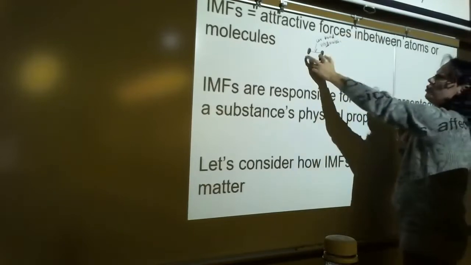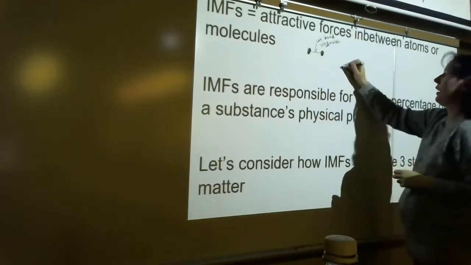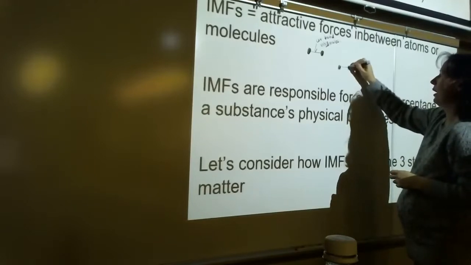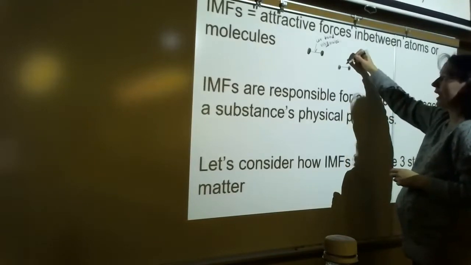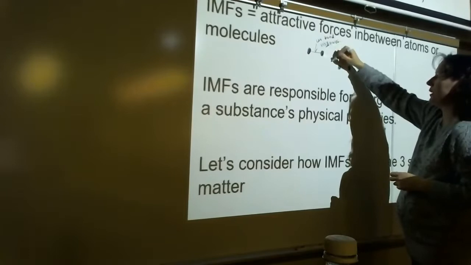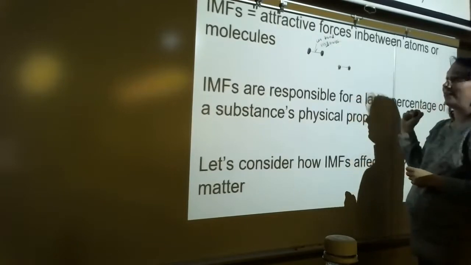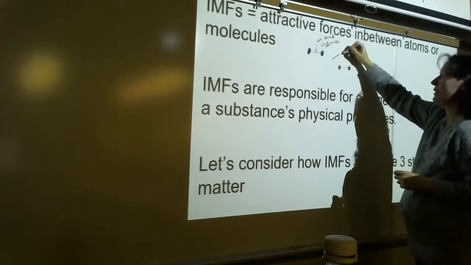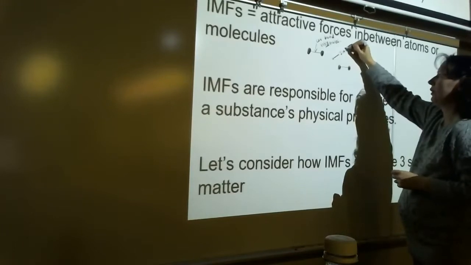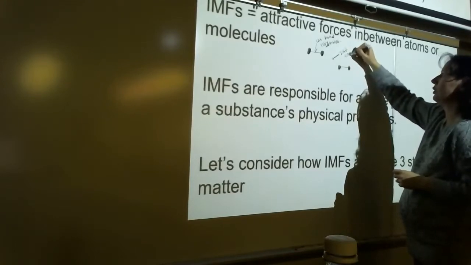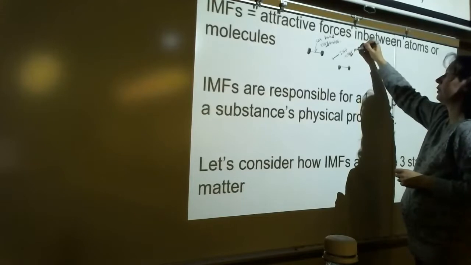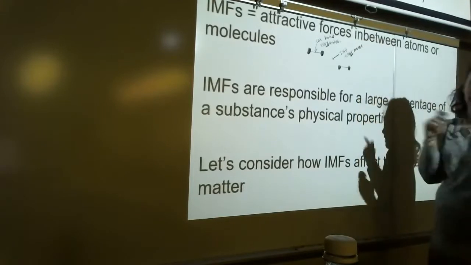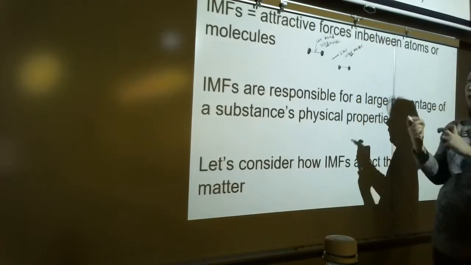That's between two nuclei. Now, if there's another atom nearby bonded to another atom, and they have a bond, but these two molecules just happen to be attracted to each other, that is an IMF, intermolecular.